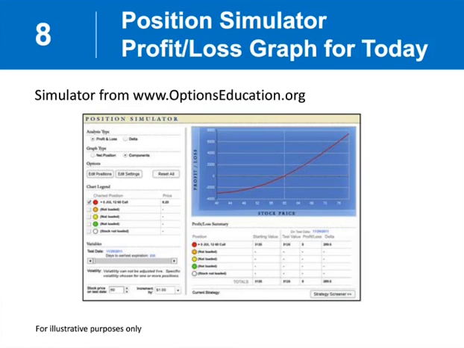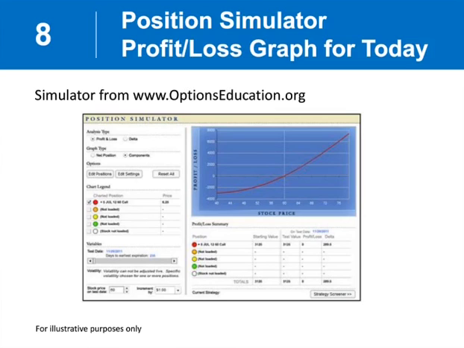The position simulator allows you to basically show the P&L for each individual position. It allows you to do it in a composite fashion. It allows you to headline just delta. As you can see, there are lots of different capacities for multi-leg strategies.